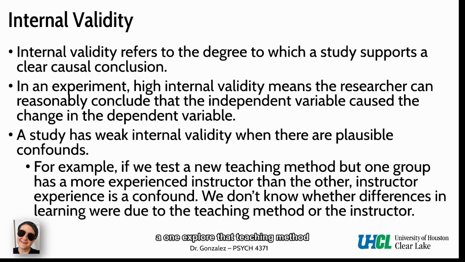I want to explore that teaching method, but when I designed my research, I had one group that had an experienced instructor and another group that had a less experienced instructor. I've now introduced another confound, okay? I don't know if the improved outcome on a test is related to the instructor's knowledge and teaching practices, or if it's due to the new teaching methods.